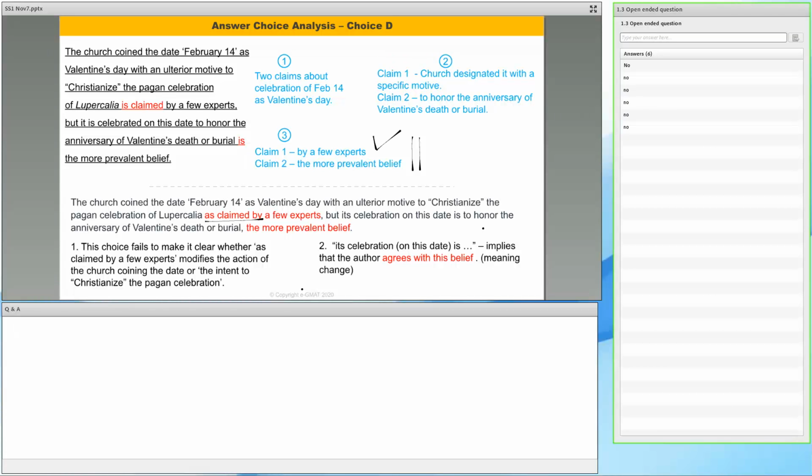He's backing that claim. Claim 2 in choice D is also made by the author. The church coined February 14 as Valentine's Day, blah, blah, blah, as claimed by a few experts. But its celebration on this day is, I'm making claim 1 as an author, and I'm backing claim 2 as well as an author. Huge meaning difference. It's subtle, but it makes a big difference in the end.